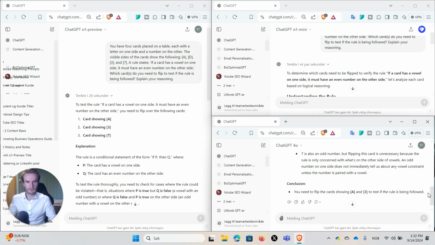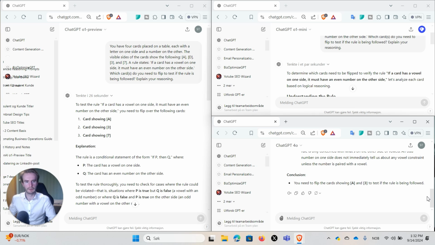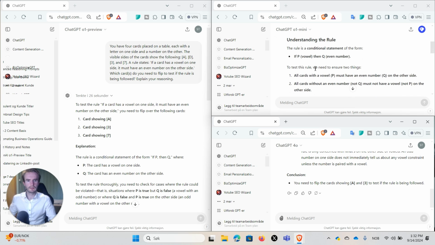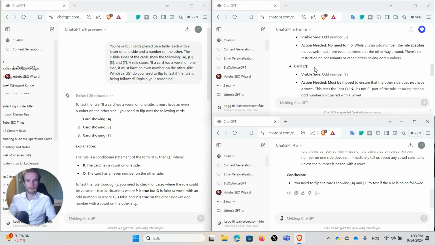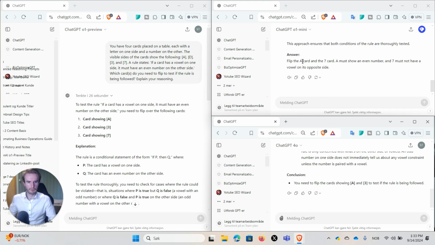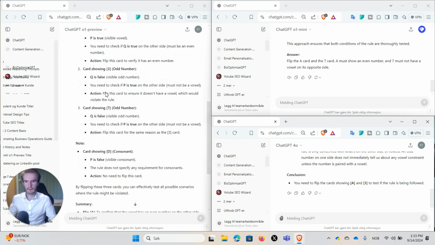An odd number on one side does not immediately tell us about any vowel constraint unless the number is paired with a vowel. Conclusion: you need to flip the cards showing A and 3 to test if the rule is being followed. So let's check if the others provided the same results.